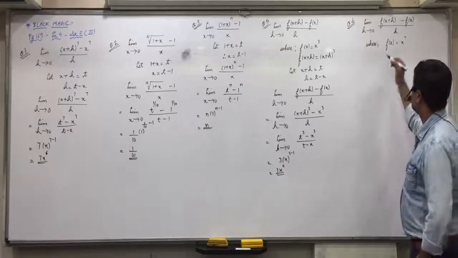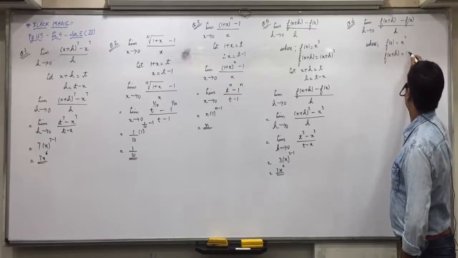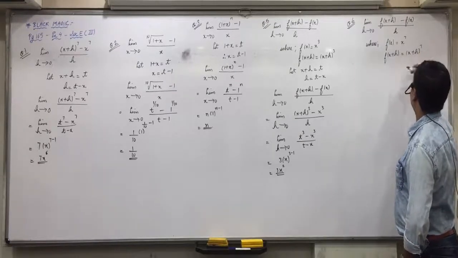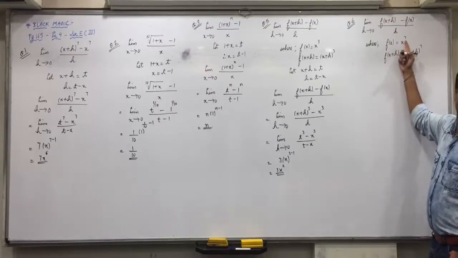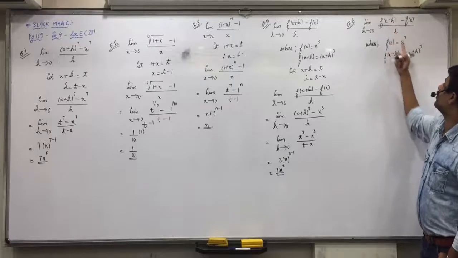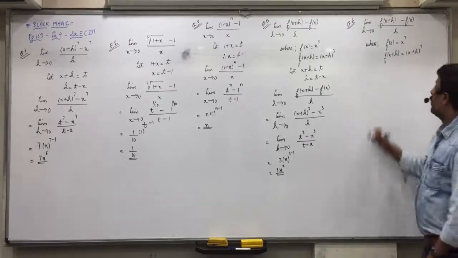First of all, f(x + h). If f(x) is x raised to 7, then f(x + h) will be equal to (x + h) raised to 7. Any doubt in this?